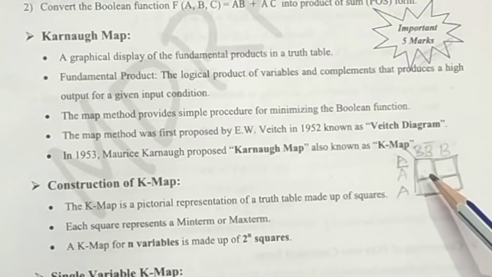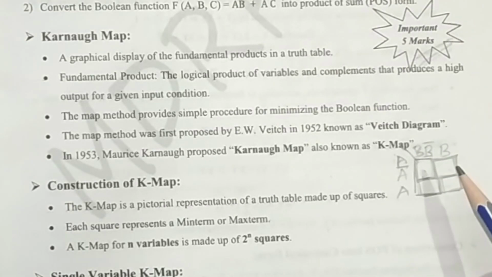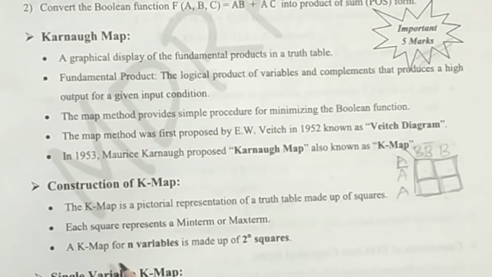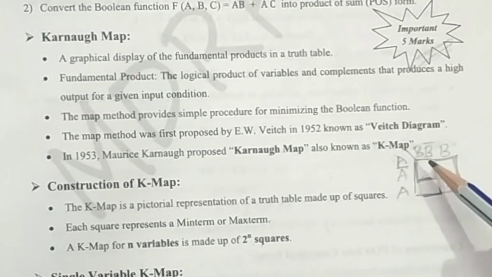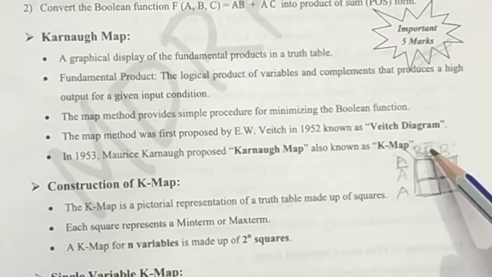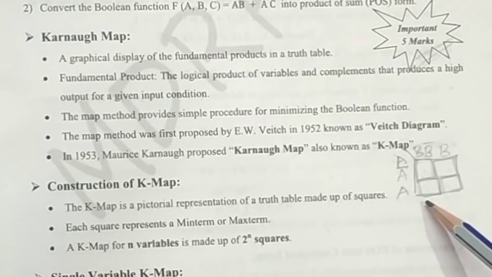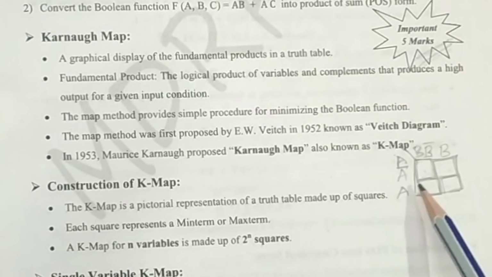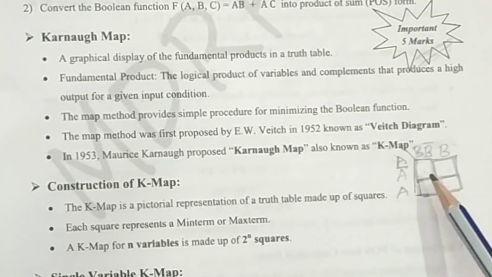A K-map for n variables is made up of 2 raised to n squares. If there are two variables, then it is 2 raised to 2, so there will be 4 squares. Here you can see A and B, two variables, so there will be 4 rectangles to represent this K-map of A and B.